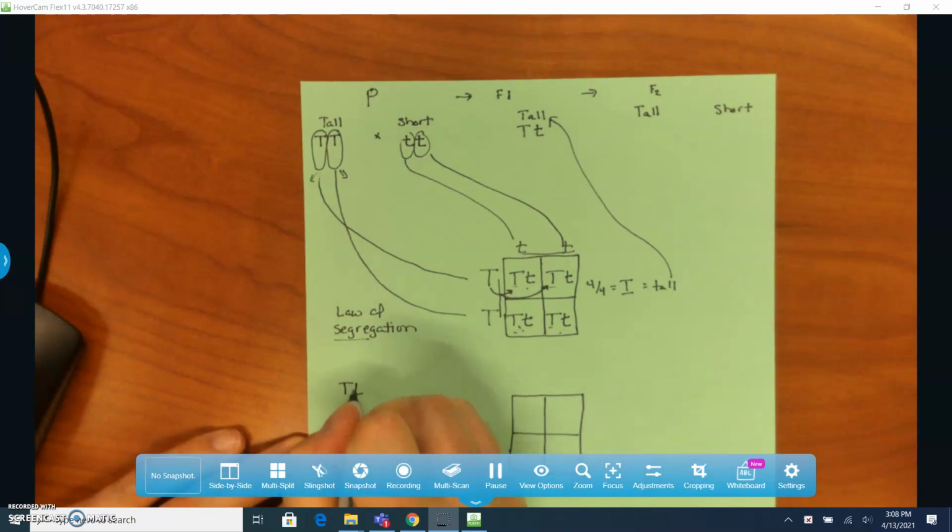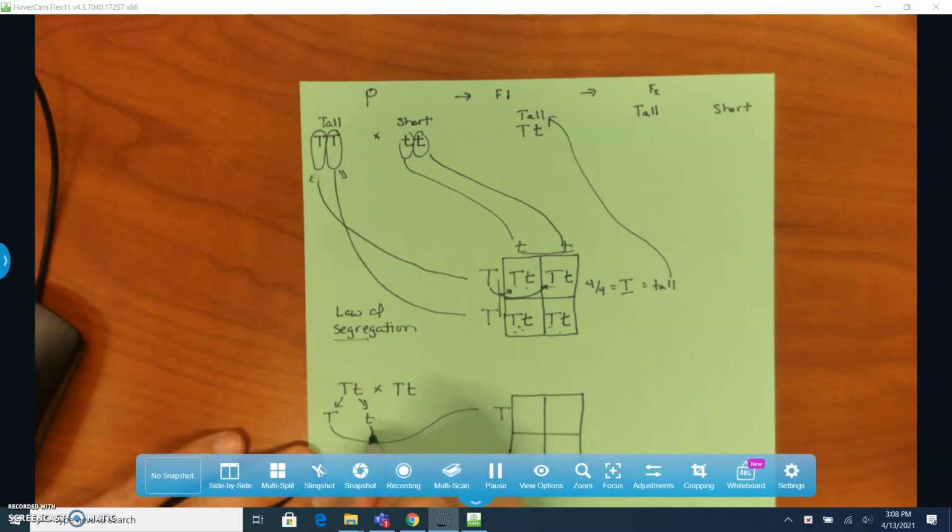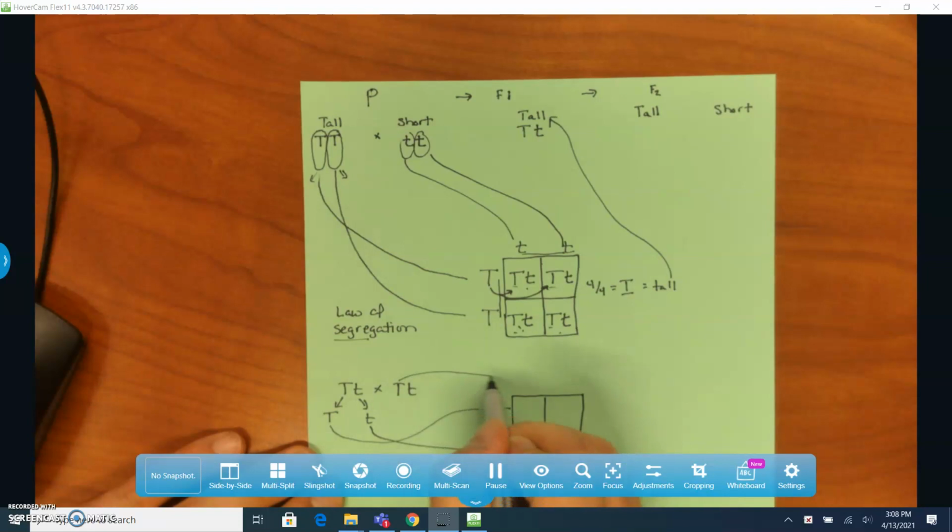So big T, little t by big T, little t. Again, I have to segregate my alleles, separate them. I'll put the dominant one up on the top, the recessive one down on the bottom. And then for this one, that parent will go on the side, again segregating the alleles.